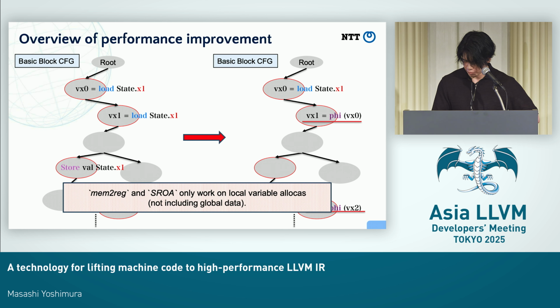LLVM has passes like mem2reg and SROA, but those only apply to local variable allocas and can't handle global data such as CPU state. Therefore, our new pass treats global data as virtual registers whenever possible.